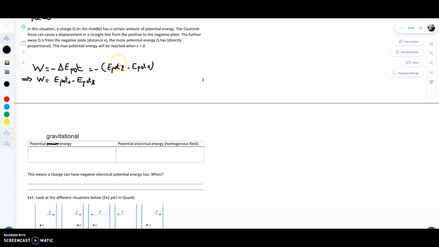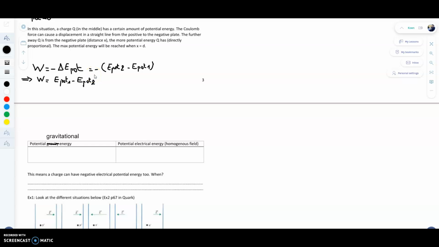Traditionally though, when a force moves an object, it will move it from high potential energy to low potential energy. So if you take low potential energy minus high potential energy, yes, you're going to have to reverse it, explaining this minus here in order to make it work.